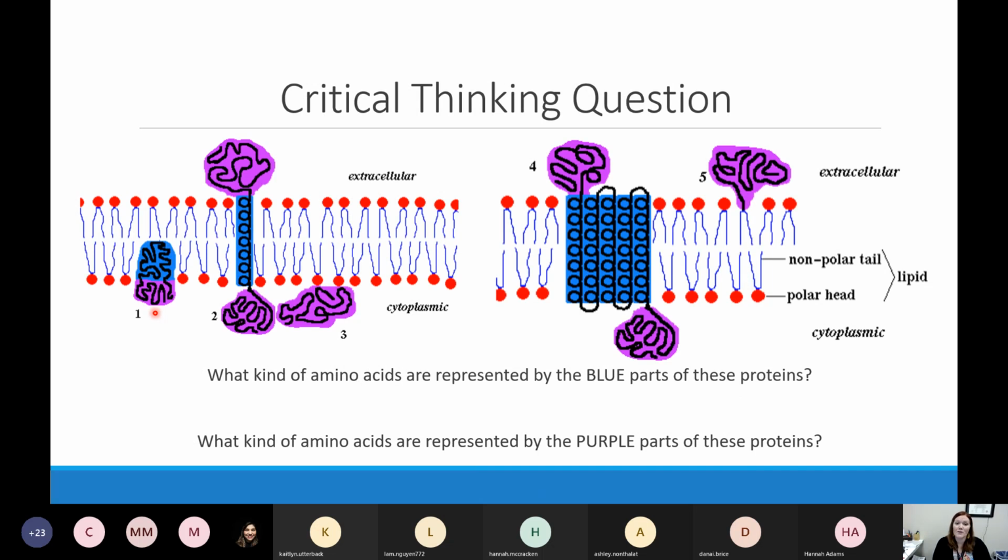In addition to giving our proteins their 3D shape, though, the other thing that my functional groups do is they give me an idea of where I would find my proteins when they're in the plasma membrane. So several of the proteins that we have in our cells have either part of themselves or all of themselves embedded in the plasma membrane. When we think about the kinds of amino acids that can be on the inside or the outside of the membrane, that's different from the kinds of amino acids that can be in the middle of the membrane.